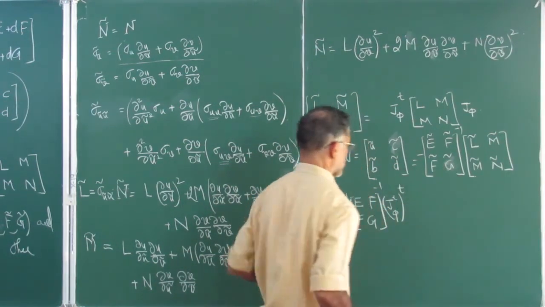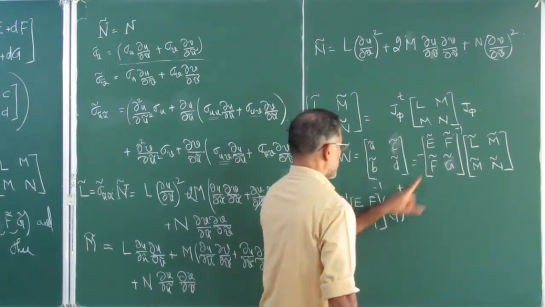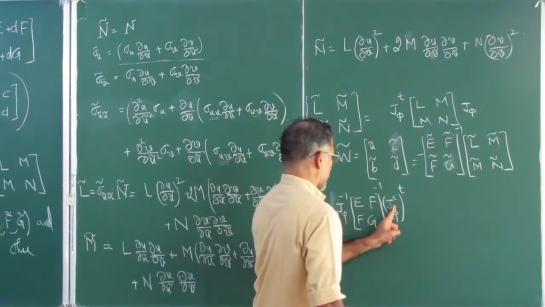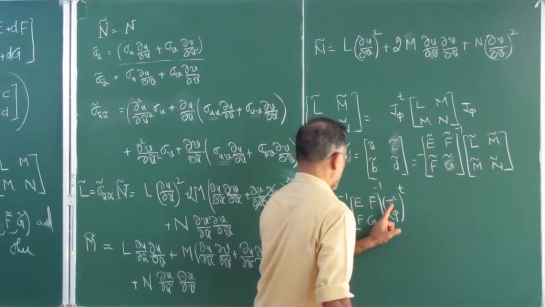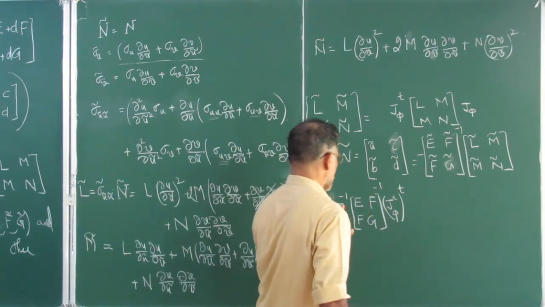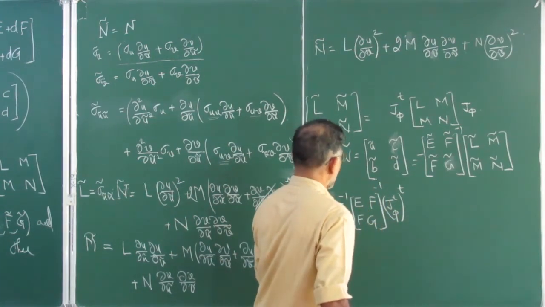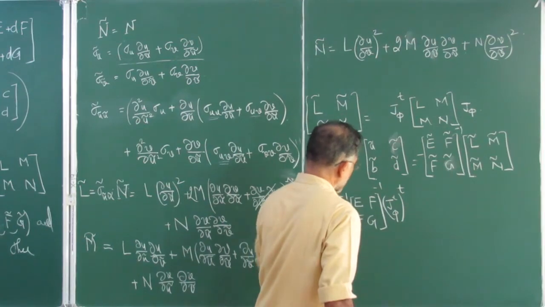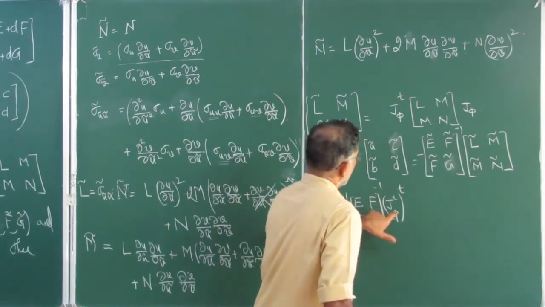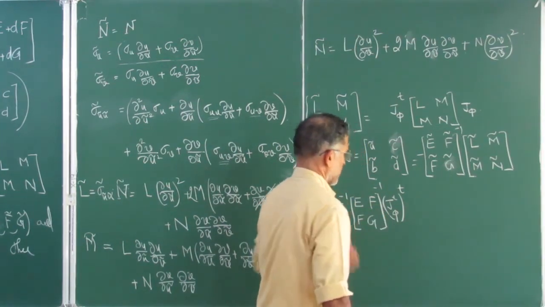That's the inverse of this. This guy is equal to Jacobian of phi transpose into this matrix into Jacobian of phi. So its inverse is Jacobian of phi inverse of this into Jacobian of phi transpose inverse.